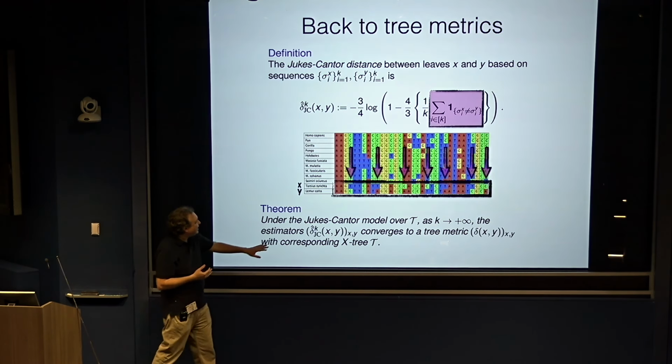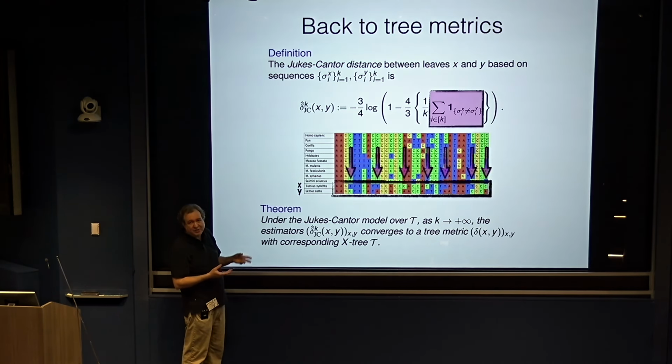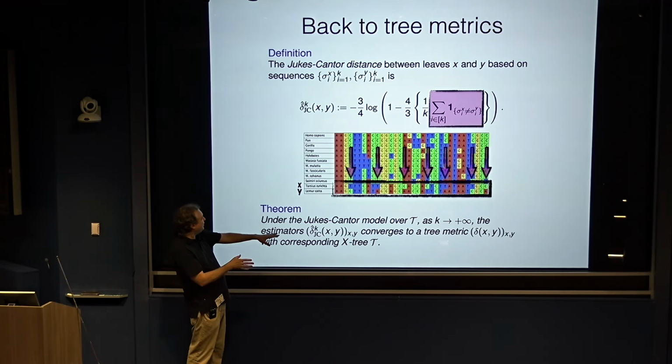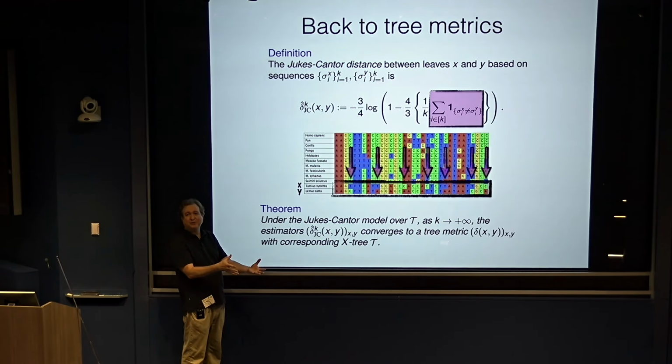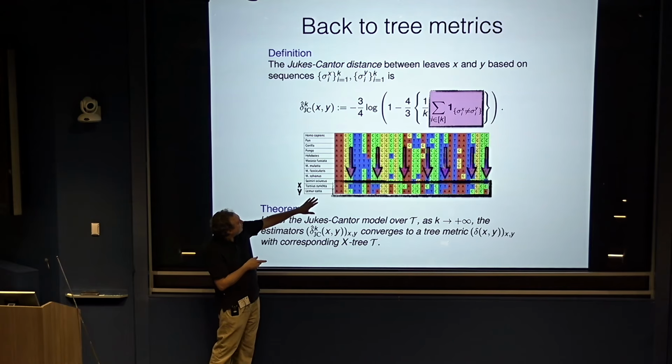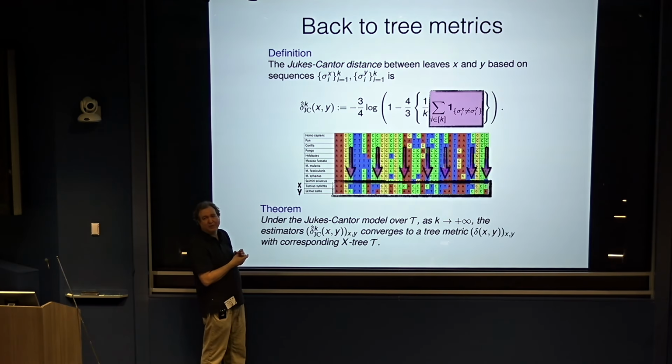And so the identifiability of the tree comes from this previous argument that I gave you about the fact that if I give you one of those distances, you can reconstruct the topology from it. And then the model itself allows me to estimate one of those tree metrics, and therefore I get a unique way of reconstructing a tree out of it.